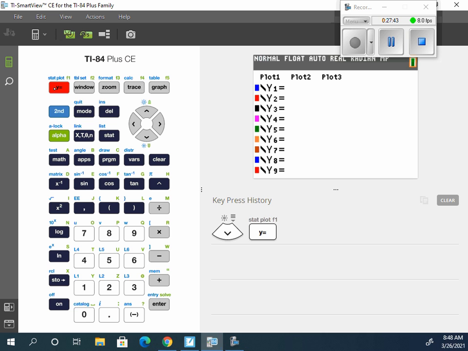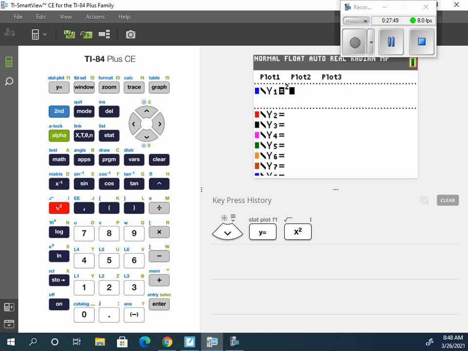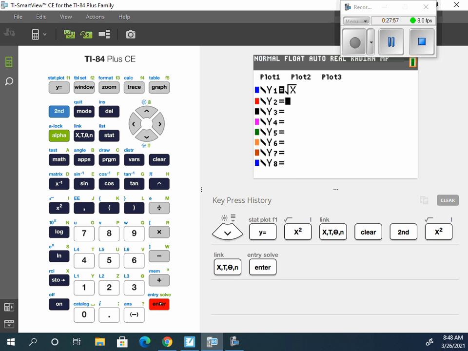So we're going to go into y equals. Now, f of x is second square root of x, and that's what we're going to put as y1. So we're going to set y1 as f of x.